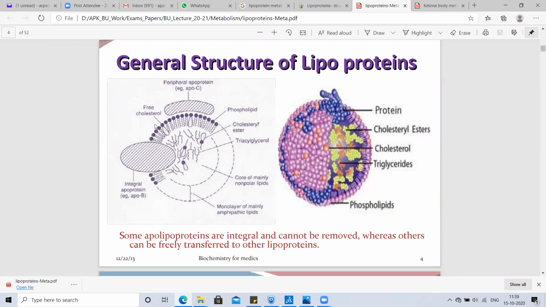The polar group of free cholesterol and phospholipids faces outwards, and the non-polar side chains face inwards. And the cholesterol esters and triacylglycerol are hydrophobic in nature, so they are present inside the core of this lipoprotein, and basically they try to hide themselves away from the aqueous medium. So this is the overall structure of our lipoprotein.